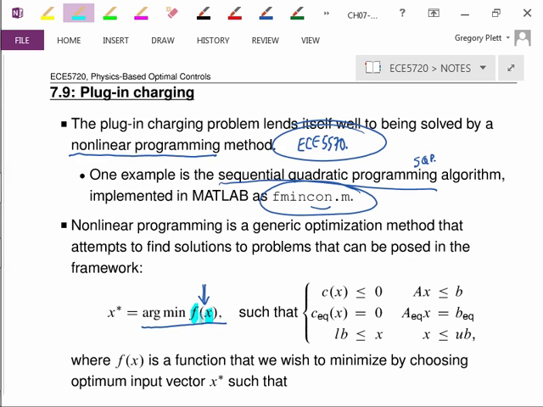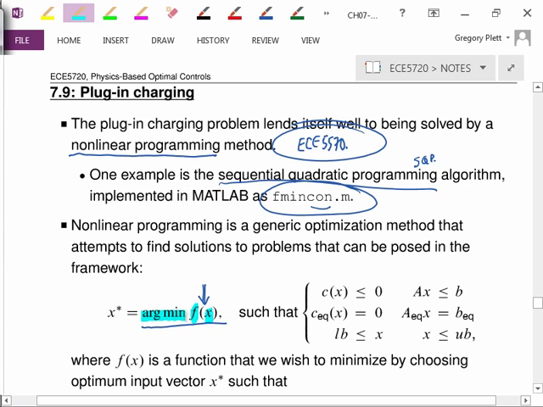And fmincon, or nonlinear programming in general, is trying to minimize this cost function f by choosing a vector x to do so. And so this is saying I return the argument to f of x that minimizes f of x. In other words, I return the x vector that minimizes f of x, and we call that x star. X star is the best solution that I found.